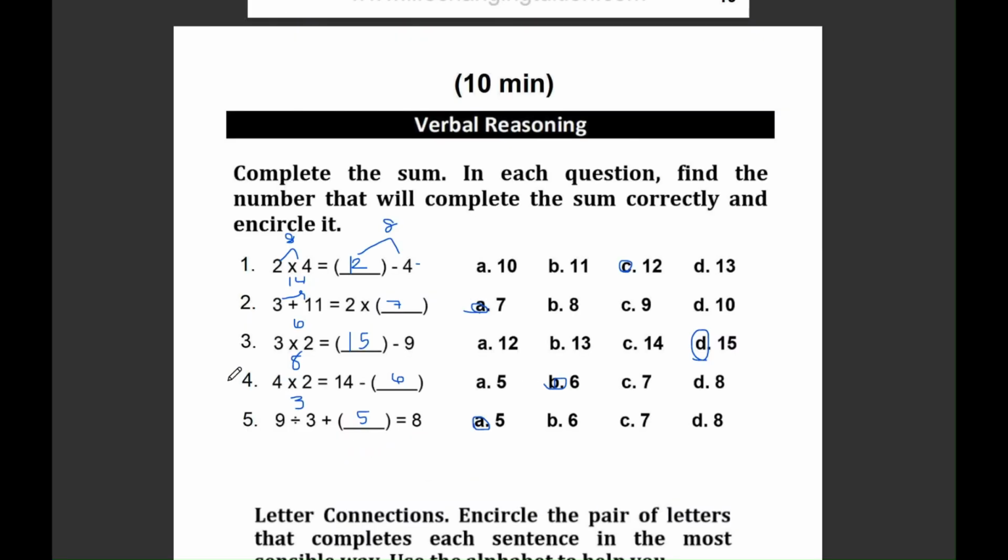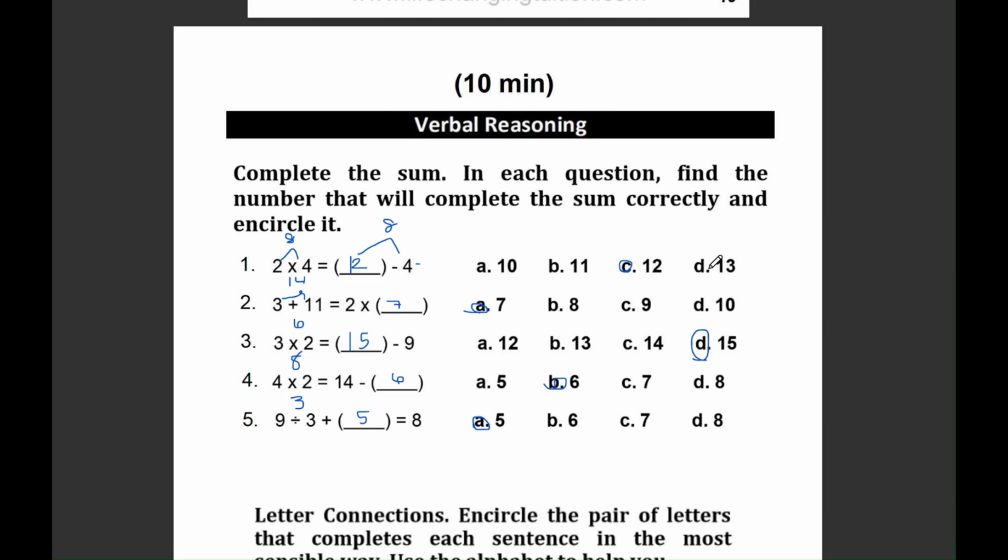VR section. Number 1. Complete the sum. 2 times 4 equals blank minus 4. Options: A, 10, B, 11, C, 12, D, 13.